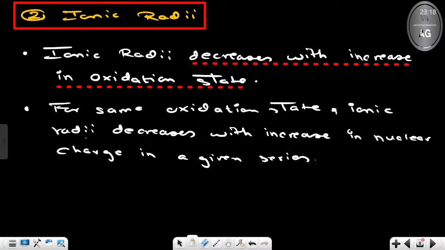So if different oxidation states are given and you are asked to compare, then your answer has to be that radius decreases with increase in oxidation state. If in the question the same oxidation state is given, then you will go for nuclear charge. Nuclear charge more, then your radius will be less, and that is very obvious, right? Nuclear charge more means your radius cannot be more; it has to be less.